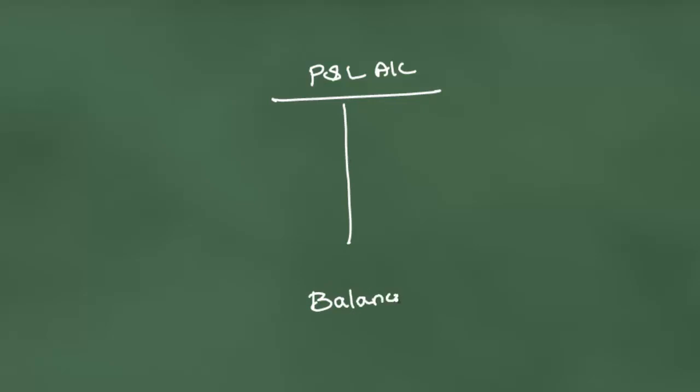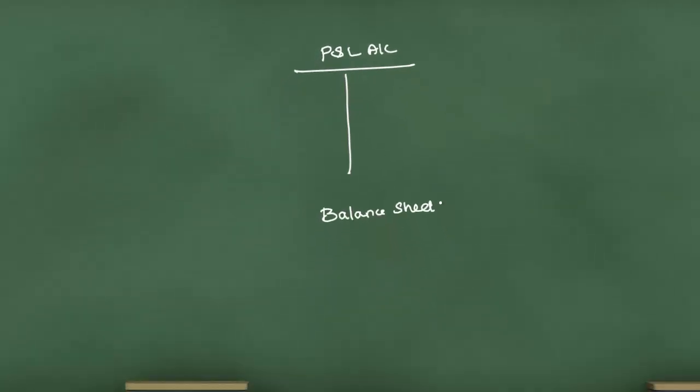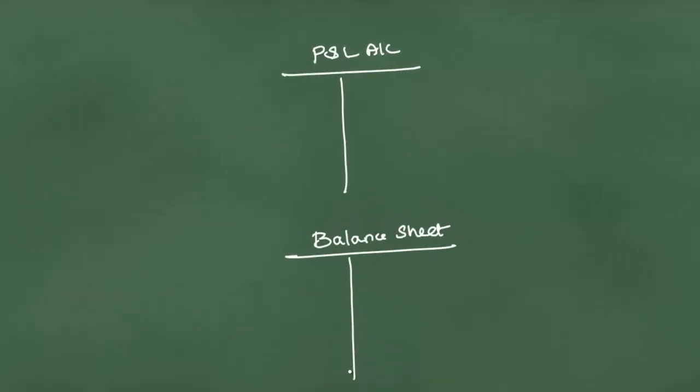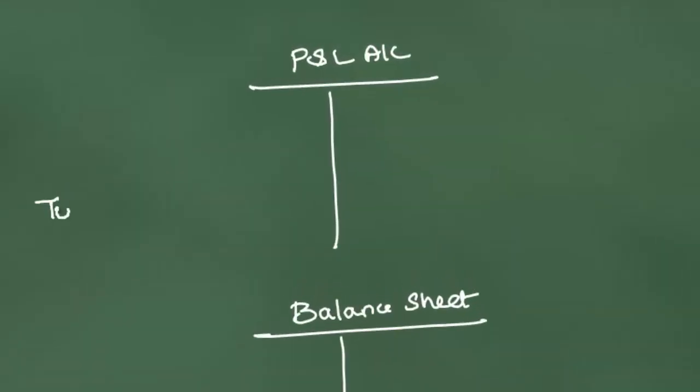Depreciation will find a place in both the profit and loss account and the balance sheet. Why should it find a place in the profit and loss account? Because depreciation being loss in value of asset, it should be captured on the expenses side of the P&L account. So on the P&L, it will find a place on the debit side, or the expense side, as depreciation.